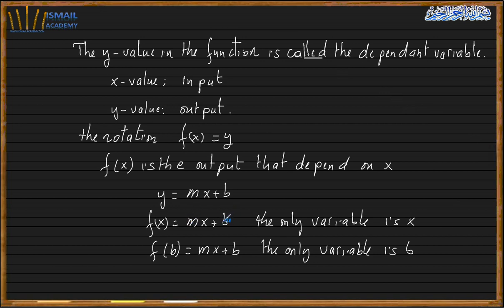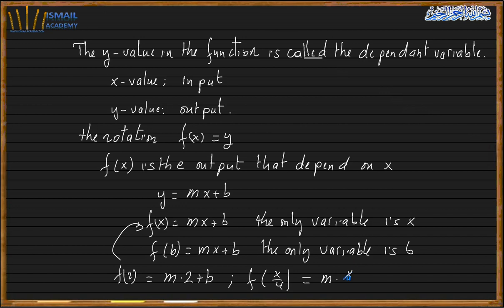Those two stay fixed. For example, for the first statement here, if I do f of 2, I will have m times 2 plus b. You see, b and m didn't get affected by the change of x, because for us, the only thing that can change is that x. If I choose again f of x over 4, so this will be what?